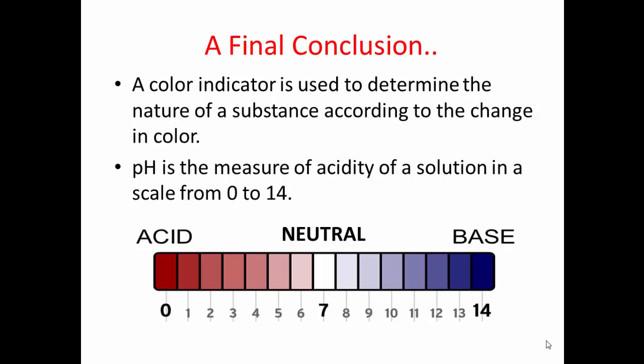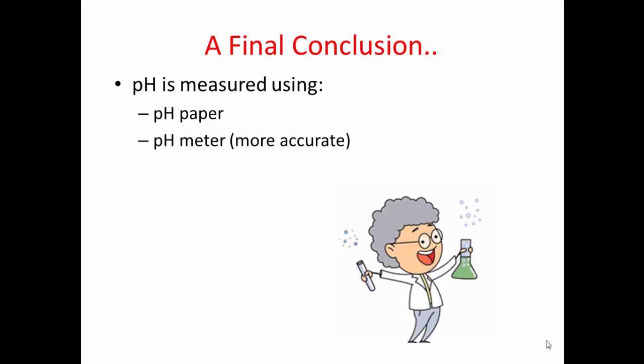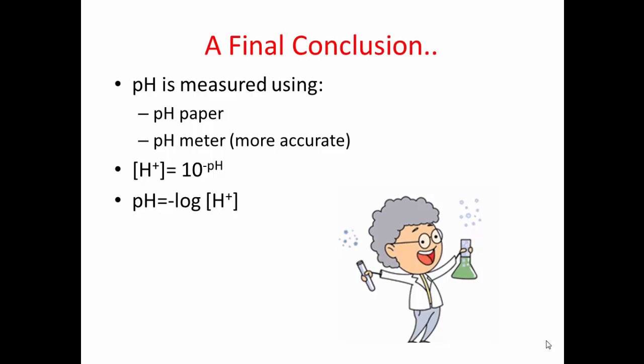And when the pH is equal to 7, the substance is said to be neutral. pH is measured using either pH paper or pH meter, which is more accurate. The concentration of H+ is equal to 10 power minus pH, and we can find the value of the pH by applying the rule pH equals minus log the concentration of H+.